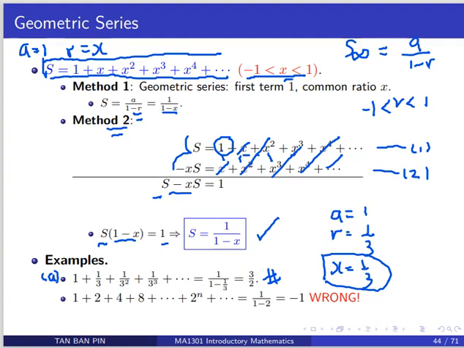Okay, let's look at the second one, part B. It's 1, 2, 4, 8, and so on. So you keep multiplying by 2, which is like taking x as 2.